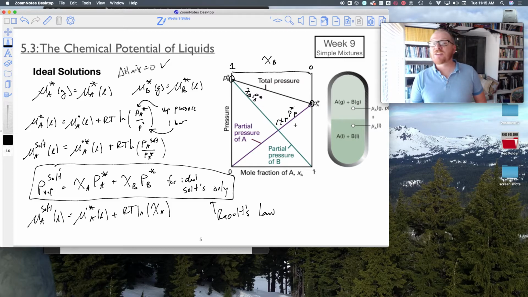When I add those two together, as in Raoult's law, I arrive at this total pressure line, okay? And so if a solution obeys this law, in other words, I can just add up the mole fraction weighted vapor pressures, then it's an ideal solution. In addition to this criterion as well, okay?